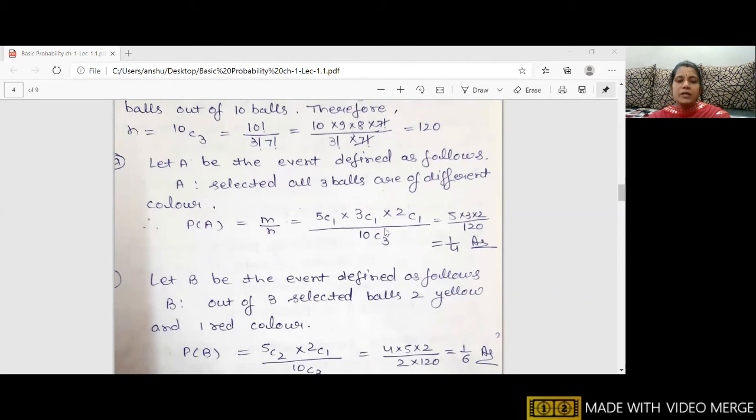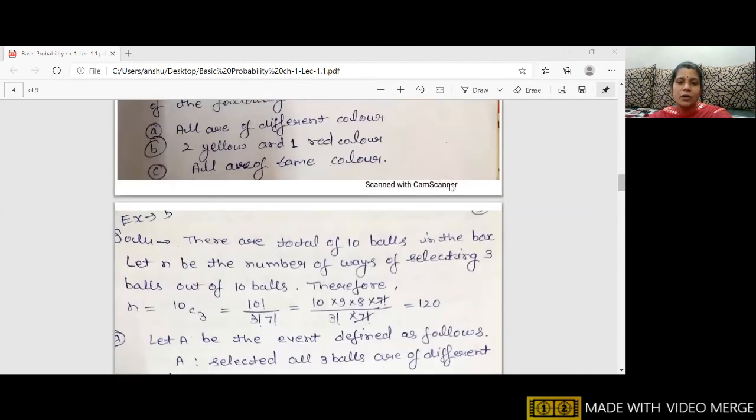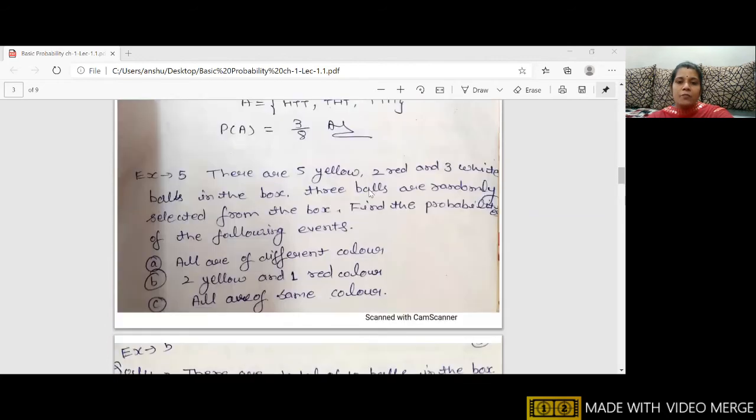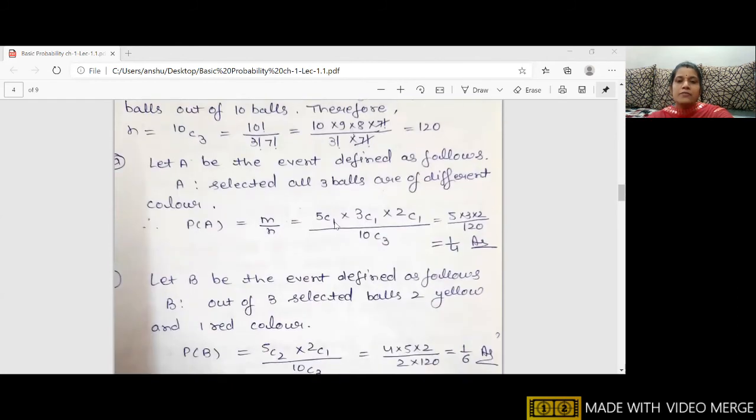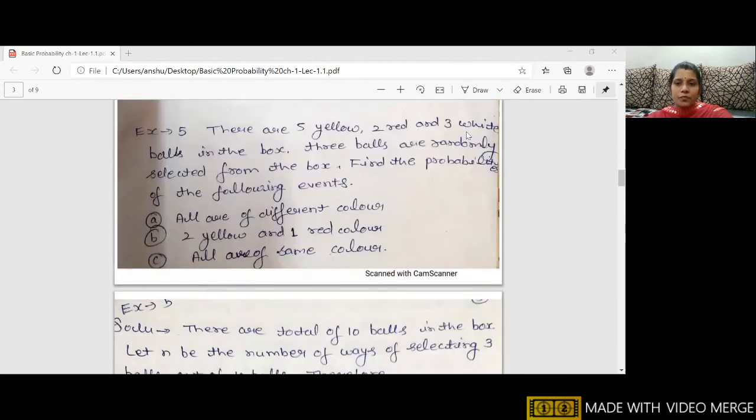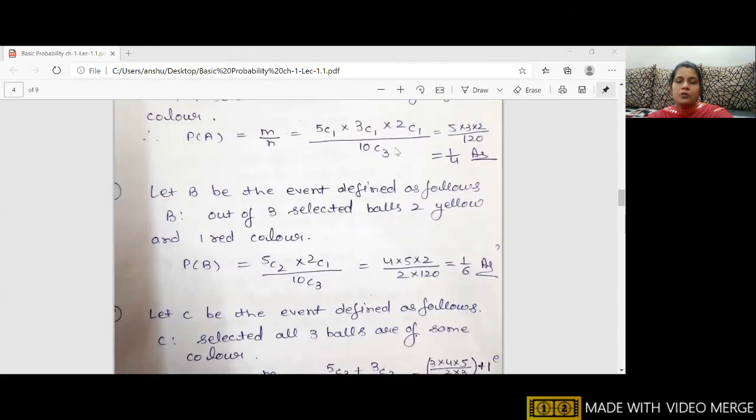And what is the numerator? The numerator is, three balls of different colors. We have 5 yellow, 2 red and 3 white balls. So here we write 5C1 because of 5 yellow, into 3C1 for the 3 white balls, and into 2C1. Here we write the multiplication sign. Why do we write the multiplication sign?